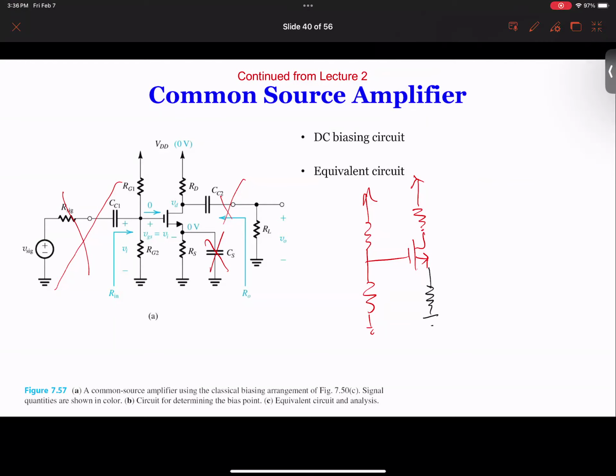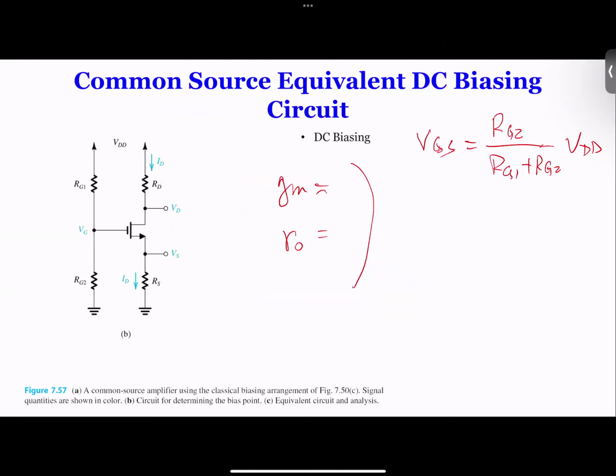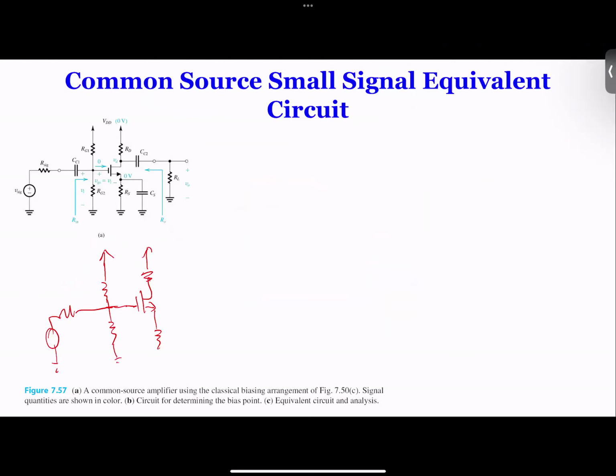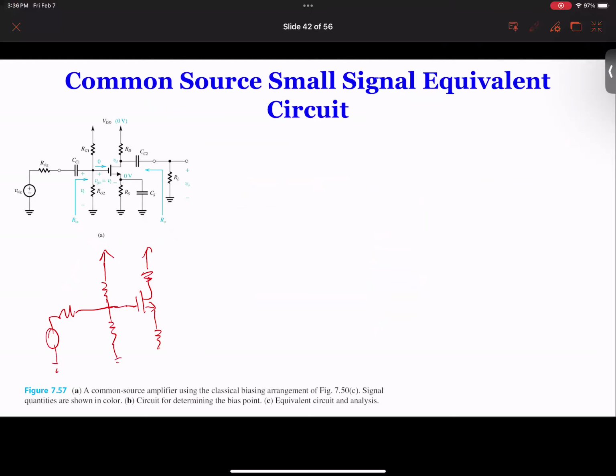Okay, so that's your VGS. Now we go back to here. So this one actually now is going to be a short circuit, because remember this is C here.